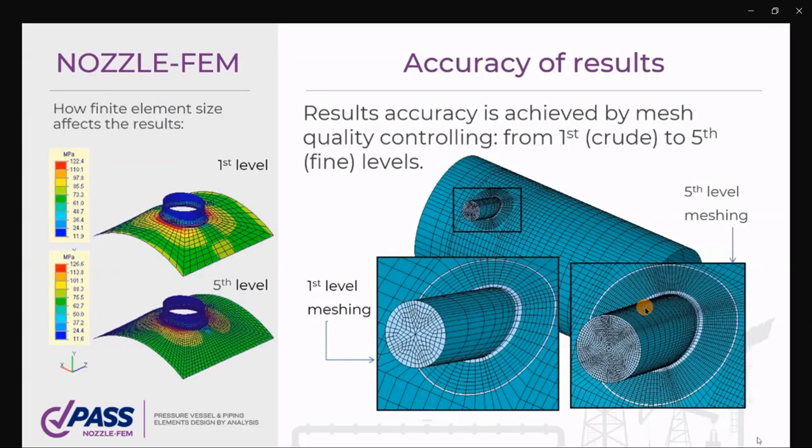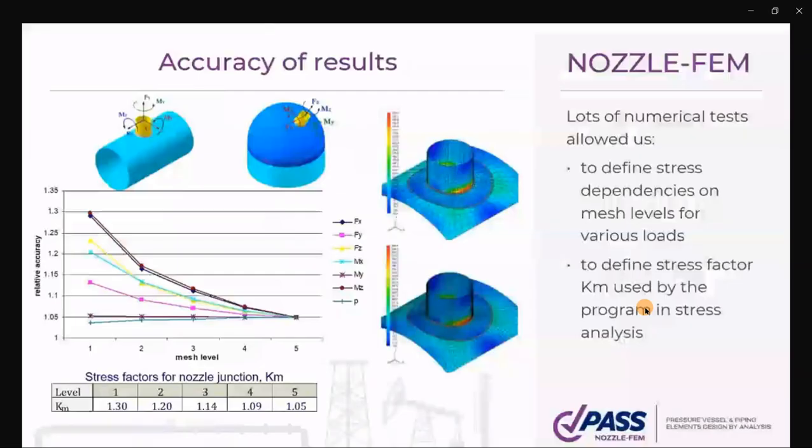Accuracy of results. The accuracy of results depends on the size of finite elements. The larger the size, or the coarser the grid, the lower the values obtained at the intersection point. The program offers 5 levels of mesh with different element size, from first level to 5 fine elements. Additional safety stress factors have been introduced to account for the effect of element size on the resulting stress.